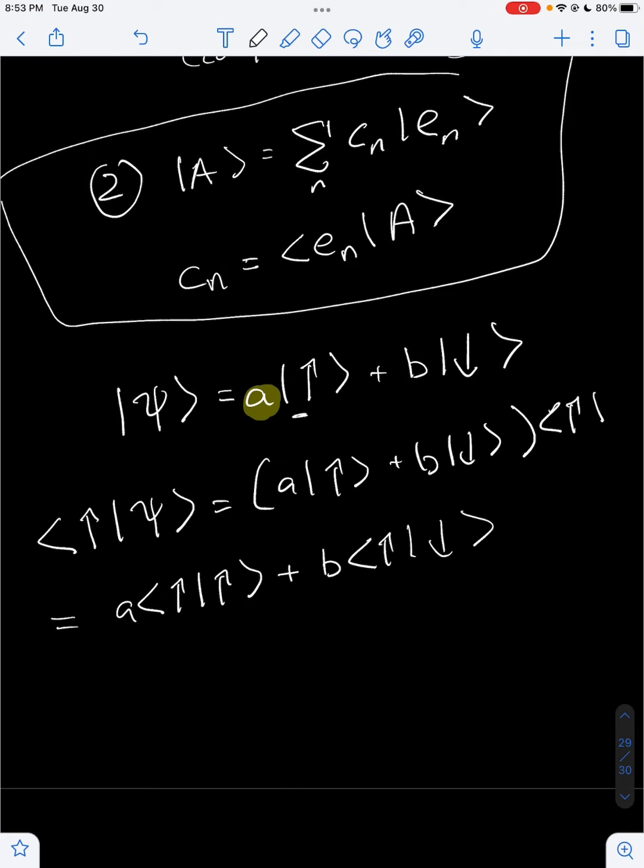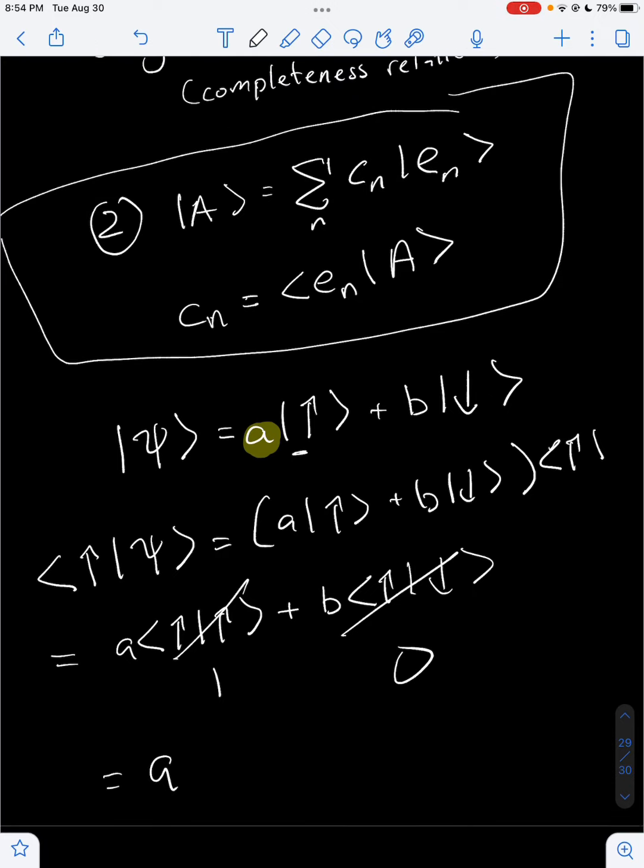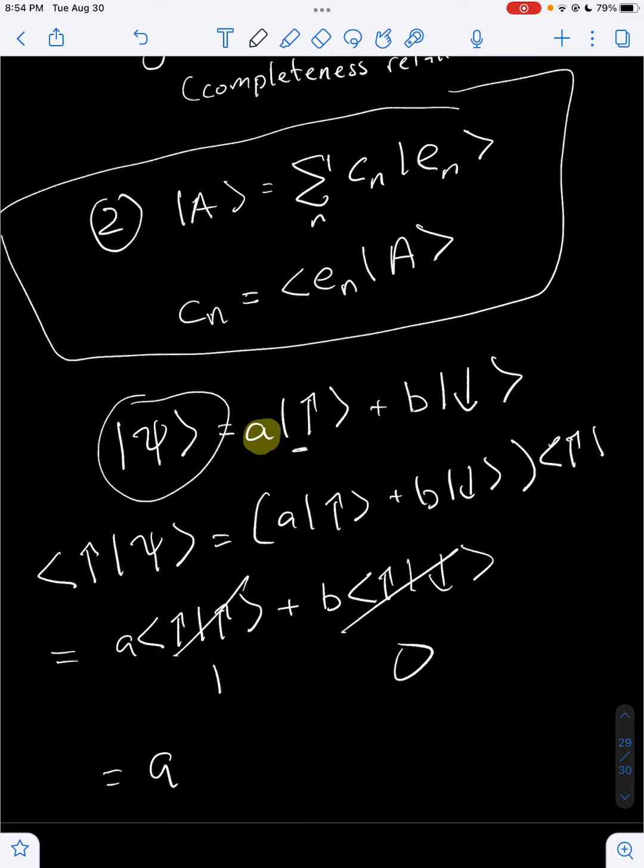And the inner product of spin up and spin down is just 0. The inner product of spin up and spin up is 1. So we just get A. So this confirms our belief that to project out the coefficient of some basis vector, we just have to multiply the state vector by the dual version, the covector version of that basis vector.